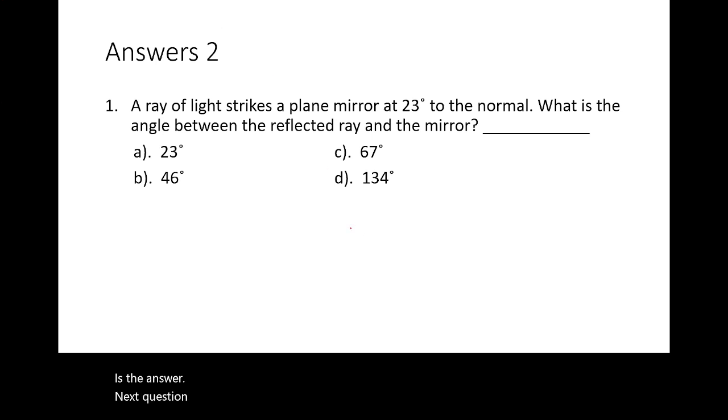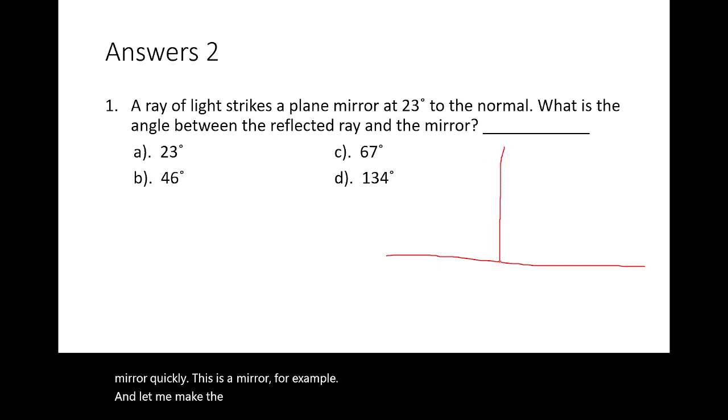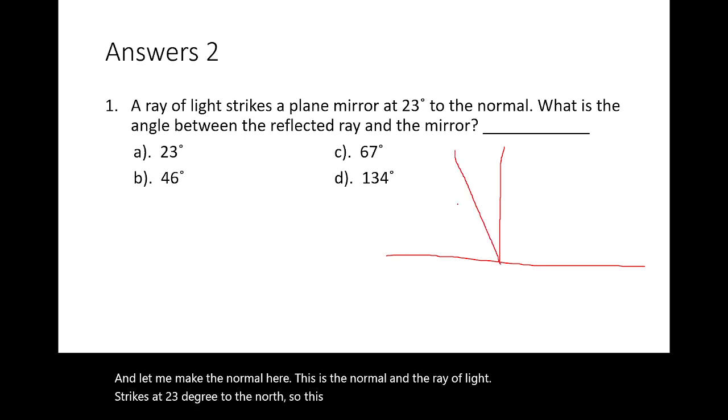A ray of light strikes a plane mirror at 23 degrees to the normal. Now let's make a mirror quickly. This is a mirror, for example, and let me make the normal here. This is the normal, and the ray of light strikes at 23 degrees to the normal. So this is the incident ray, the falling ray.